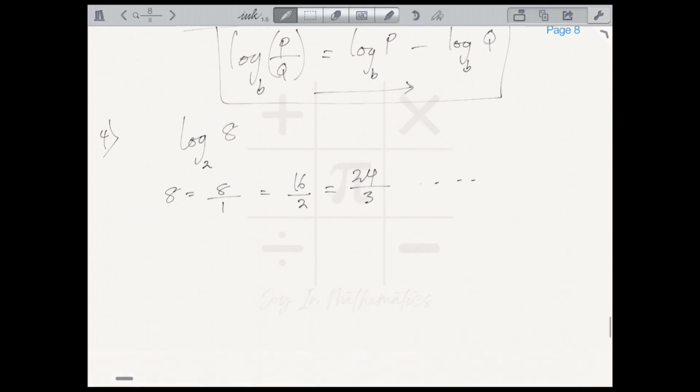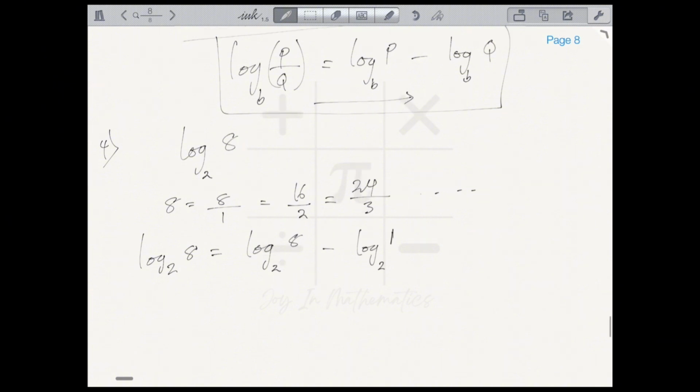So for the first one, we can rewrite log 8 to base 2 as log 8 to base 2 minus log 1 to base 2, because we are applying this principle. This is p over q, p over q, and p over q.